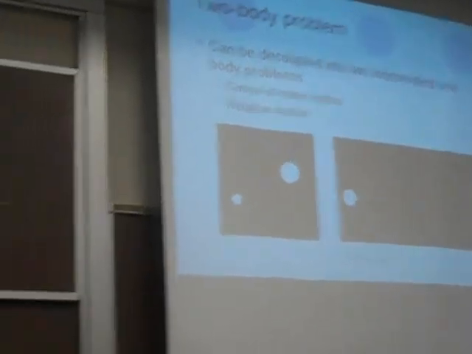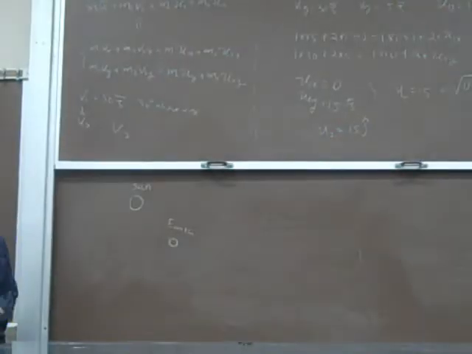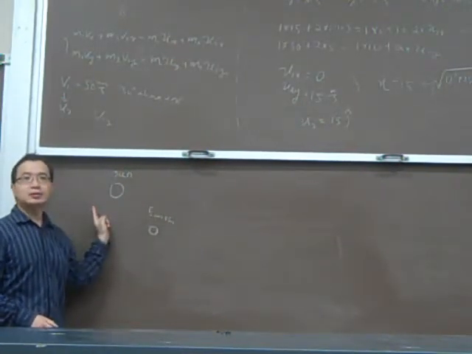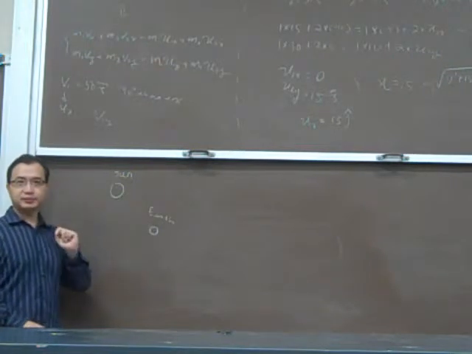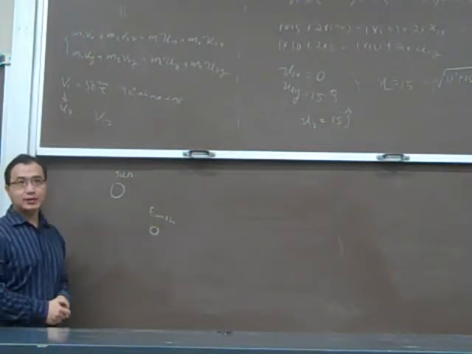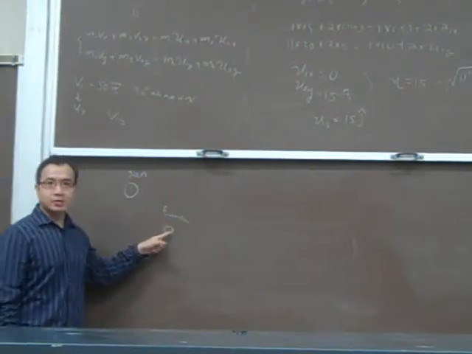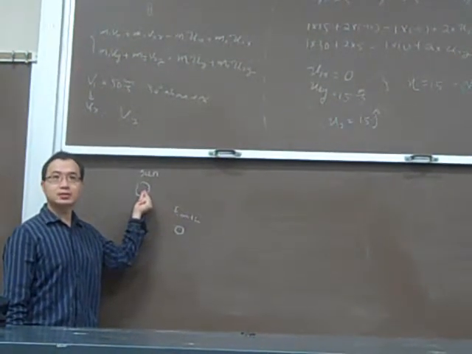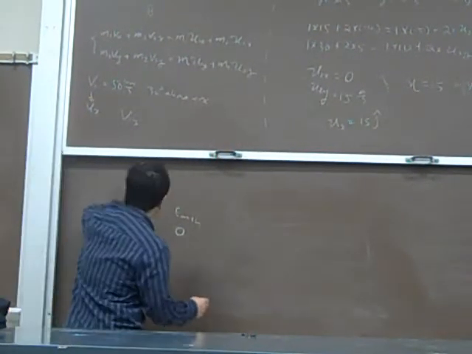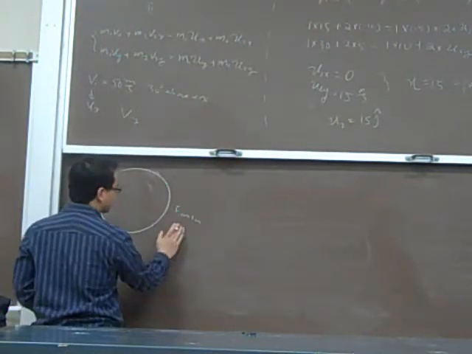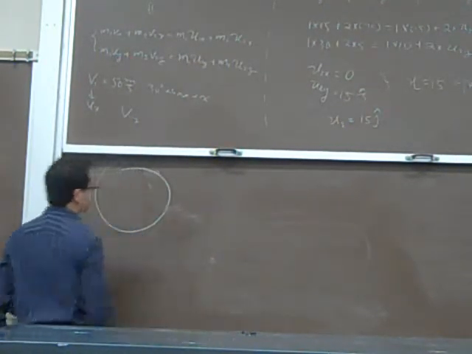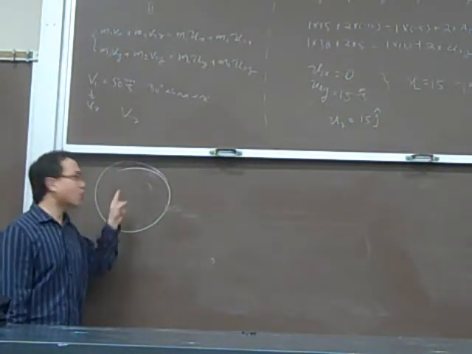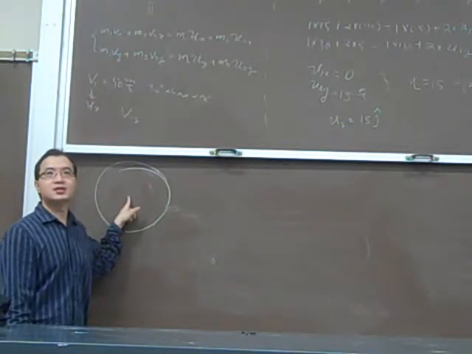And what I would like to comment is that usually we say that the Earth is moving around the Sun. But precisely speaking, both the Sun and the Earth are moving around their common center of mass. It's just because the Sun is much, much heavier than the Earth. So the center of mass for the whole system is almost the center of mass of the Sun.